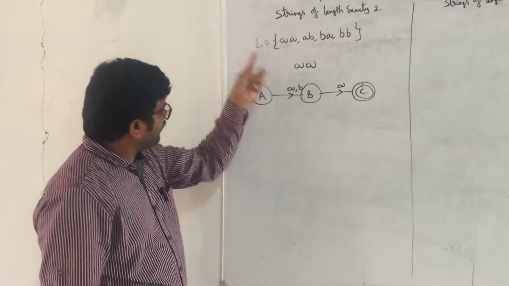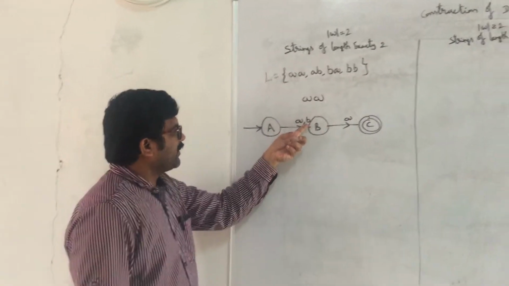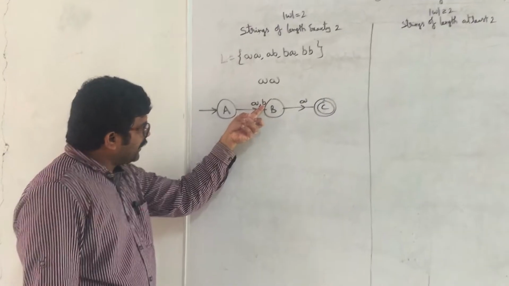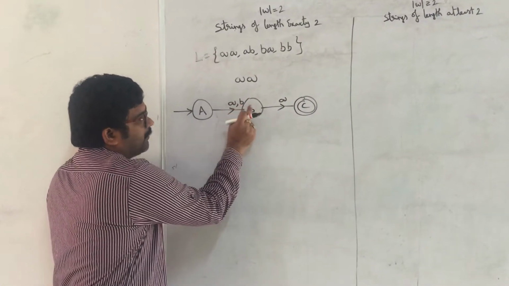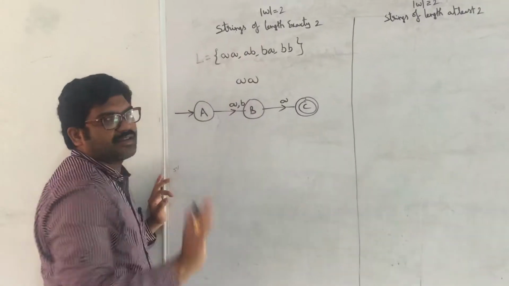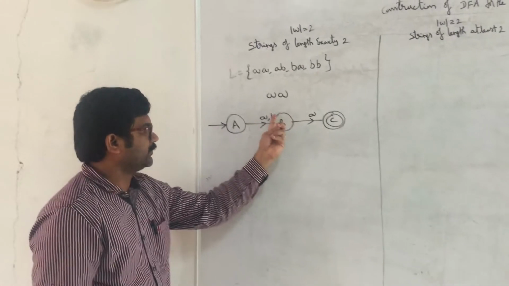That's the reason if you give a self loop, a problem occurs. So I am giving the transition to the available state B. If you give either a or b, then b followed by a, then ba, is there in the language. The DFA is also accepting it, so no problem, you can give it here.